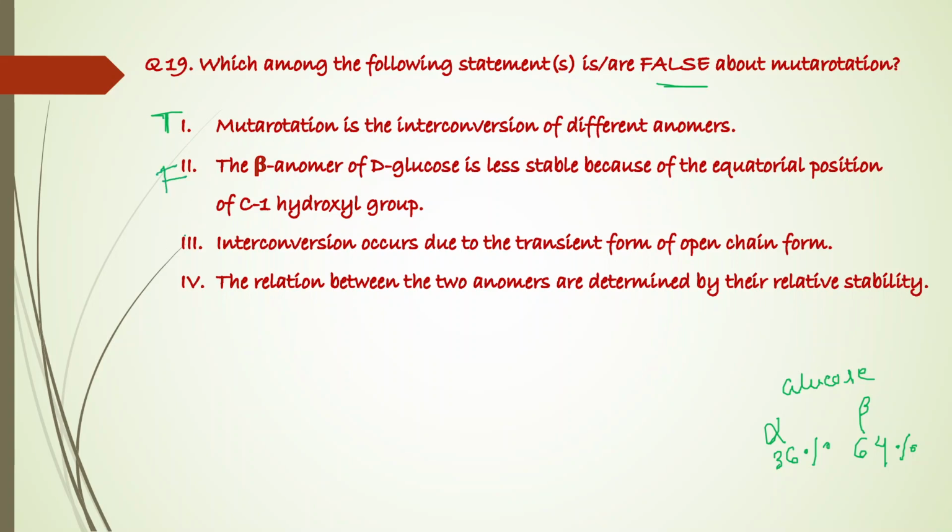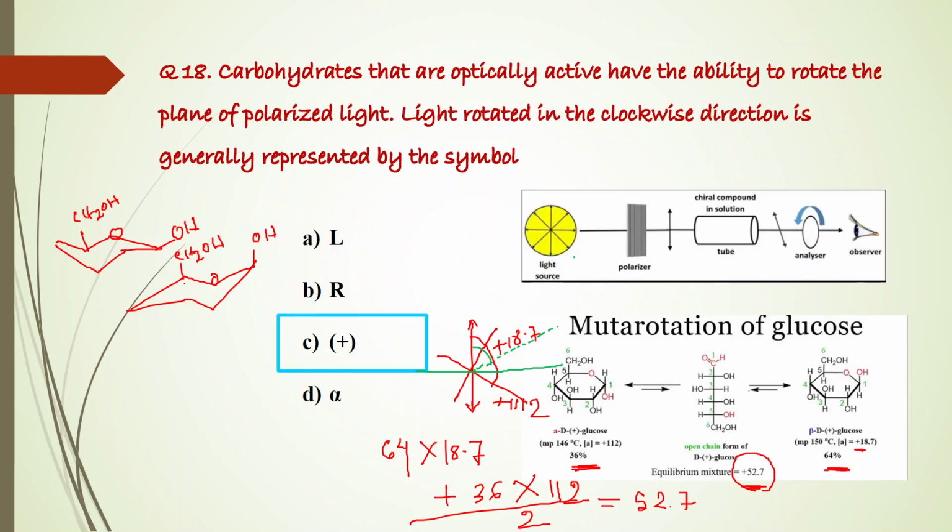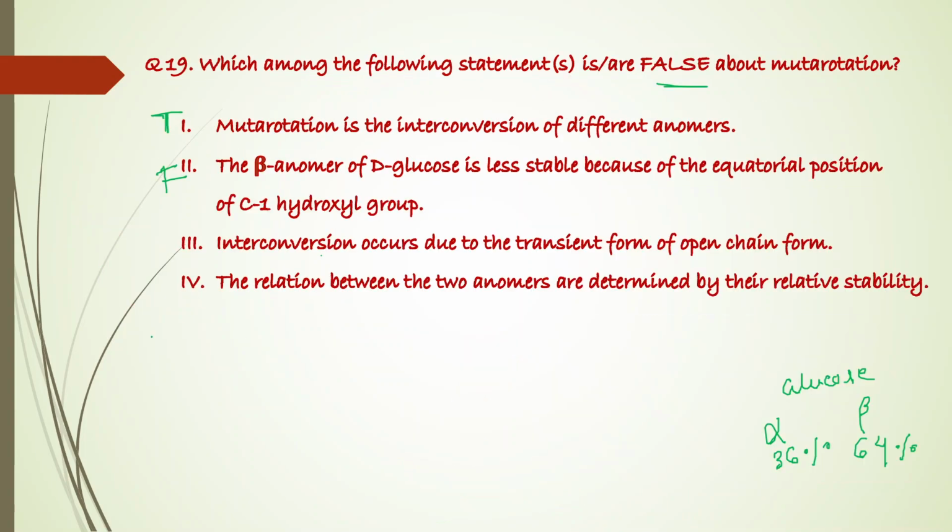The third statement says interconversion occurs due to the transient form of the open chain form. In the last slide we showed that their interconversion occurs through this open chain form of D-glucose. So yes, the third statement is a true statement.